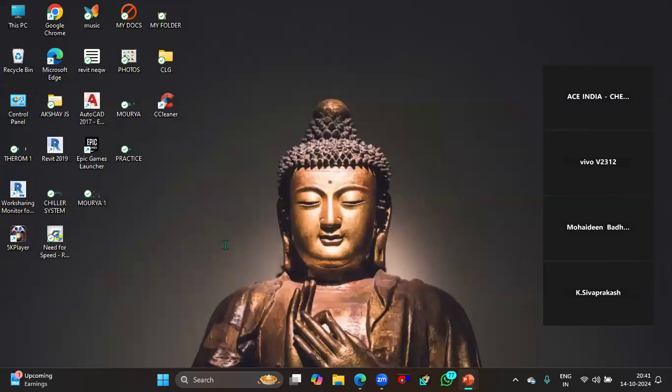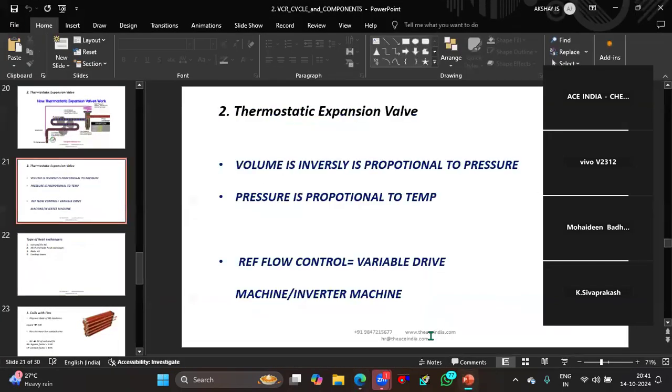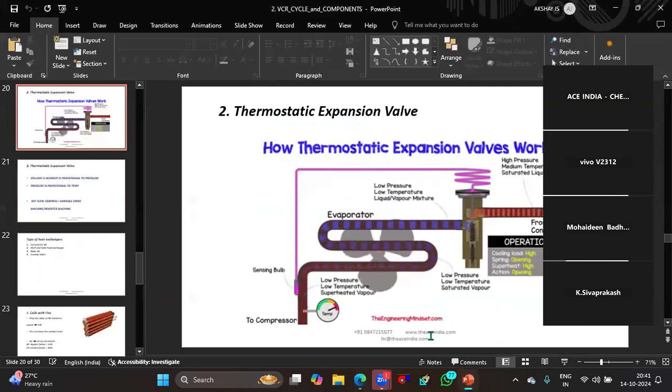Here you can see this now. Just imagine this one itself. In the other case, you will have some kind of diaphragm, isn't it? That means the vapor substance pushes it. That's how a normal expansion valve works, and thereby the seating is opened.